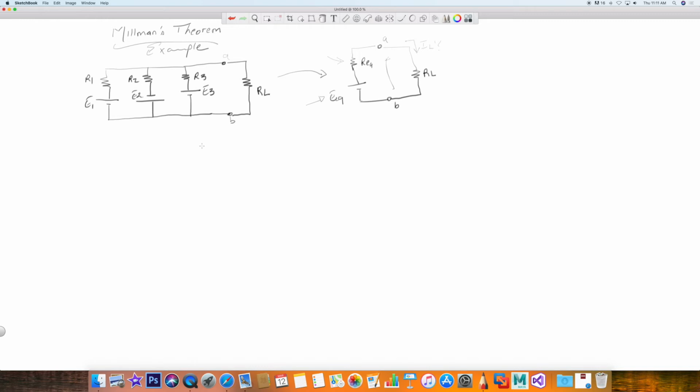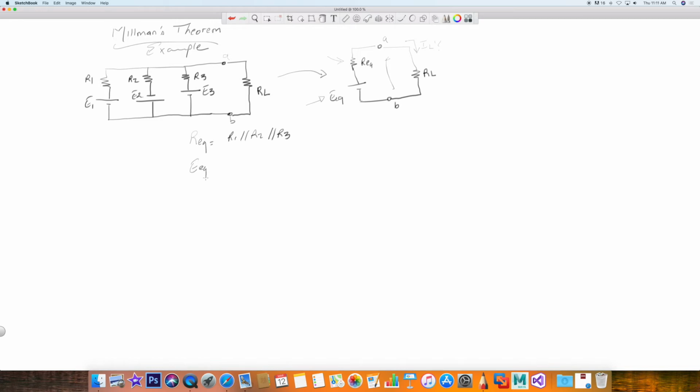So the Millman, in a situation like this, let's start with R equivalent, which will be equal to R1 in parallel with R2 in parallel with R3. Okay, so that will be the basic solution for R equivalent. And how about E equivalent?